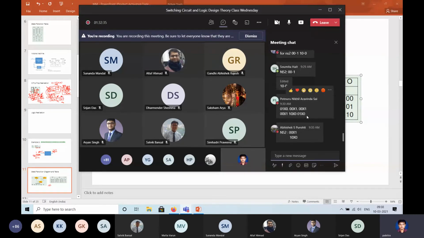Ravinder Sai, what is the meaning of this? Oh, okay, good, got it. You have three Karnaugh maps side by side. Abhishek, got it. Very good. I'm happy that you are doing it.